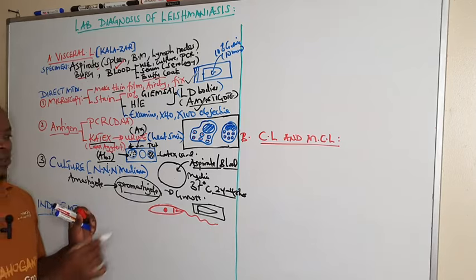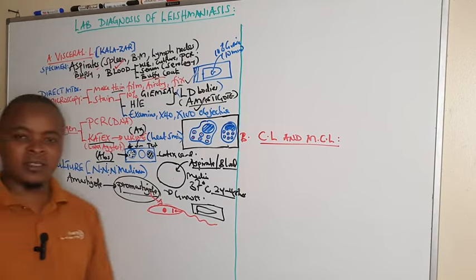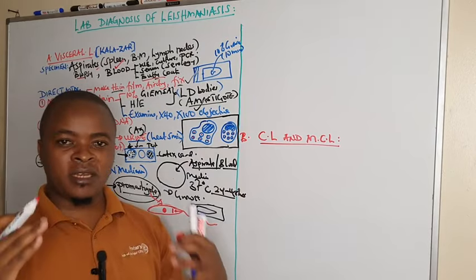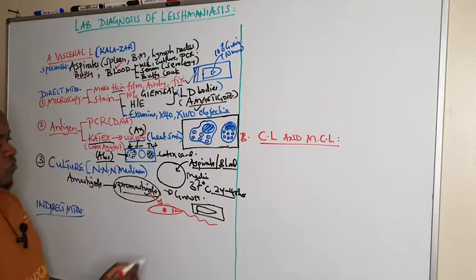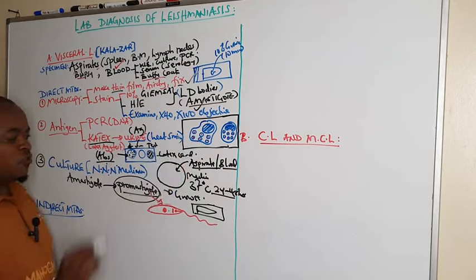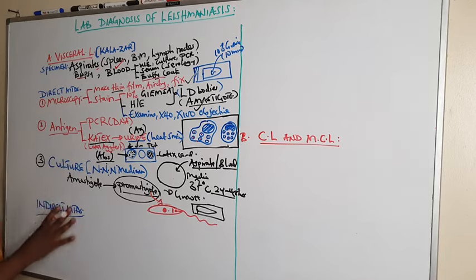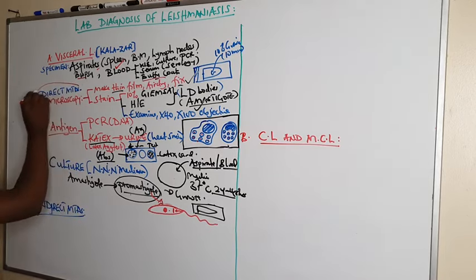So this is what we call the promastigote. It is the one we are going to look for when we are examining a preparation from any culture media. We look for the presence of the promastigotes, not the intracellular amastigotes. So this is what we can discuss under direct methods.